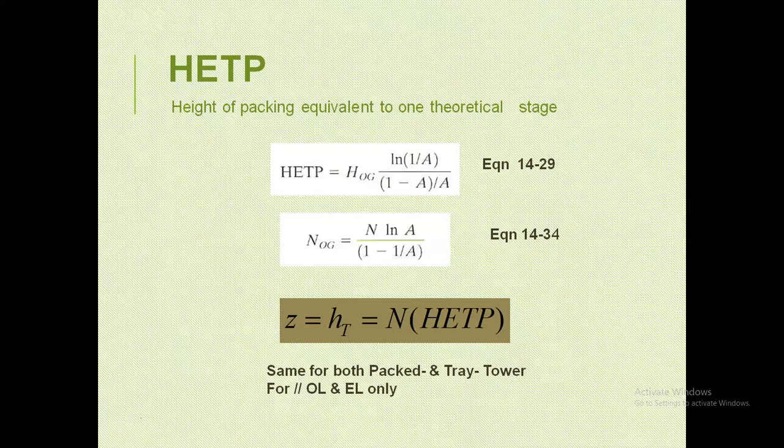Now, another method that we could use is the method utilizing the height of packing equivalent to one theoretical stage, or the HETP. This is for packed towers as well. So you can determine the HETP using the HOG. First determine the HOG and then use the gas absorption factor together with the HOG to determine the HETP.